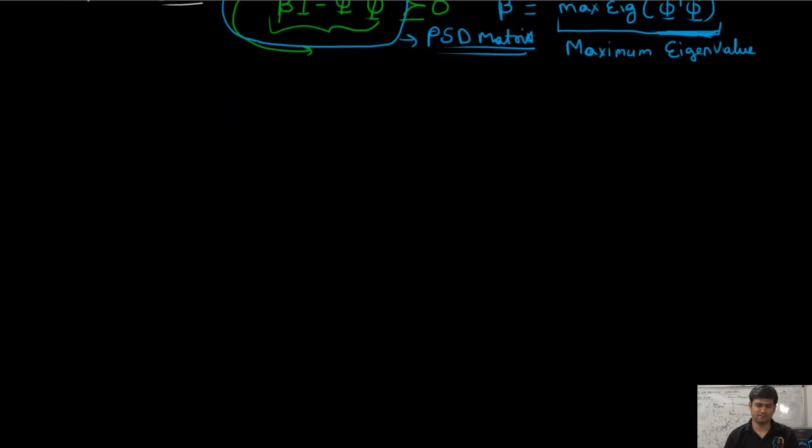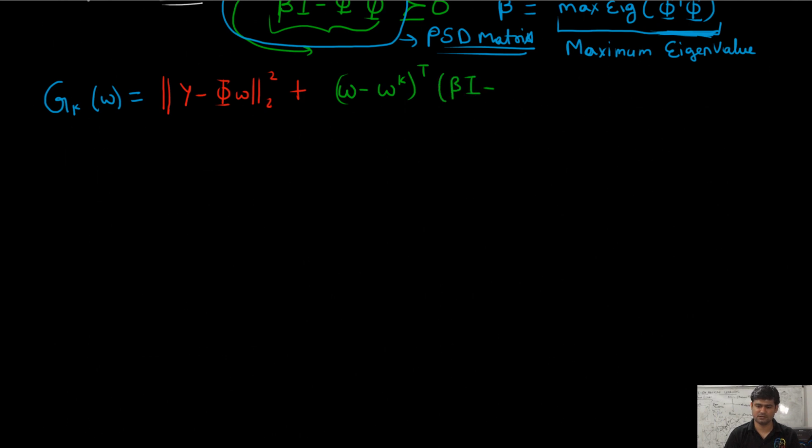So we have gk equal to gk of w, equal to the L2 norm, the function e, which is y minus phi times w, norm squared, plus the function f, which is w minus wk transpose times beta I minus phi transpose phi times w minus wk.